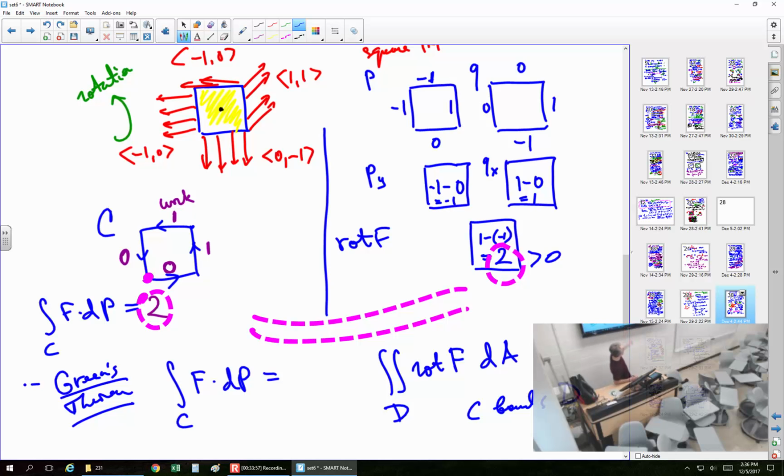Drawing such and such a conclusion, we carried out the whole thing only assuming that the region itself, that region D over here, is simply a rectangle. It is bounded by curve C, which is simply those 4 edges, and the force field was also very, very simple.